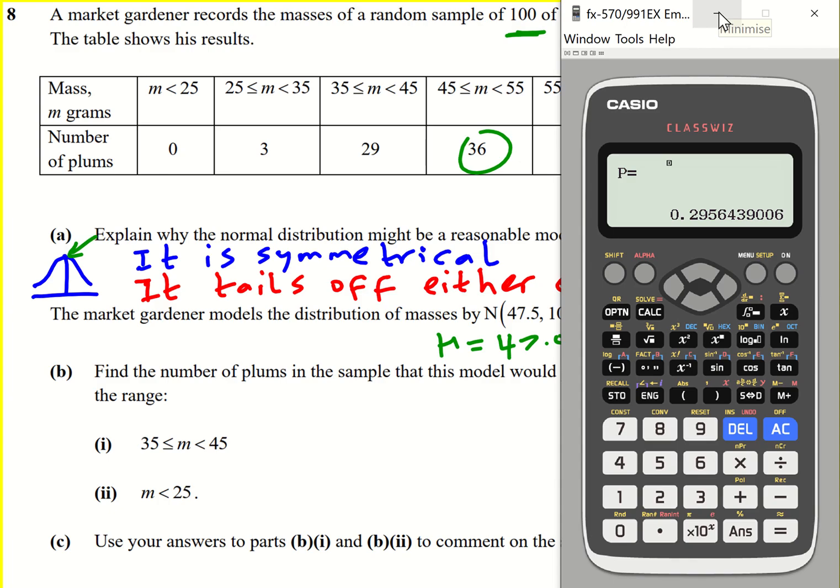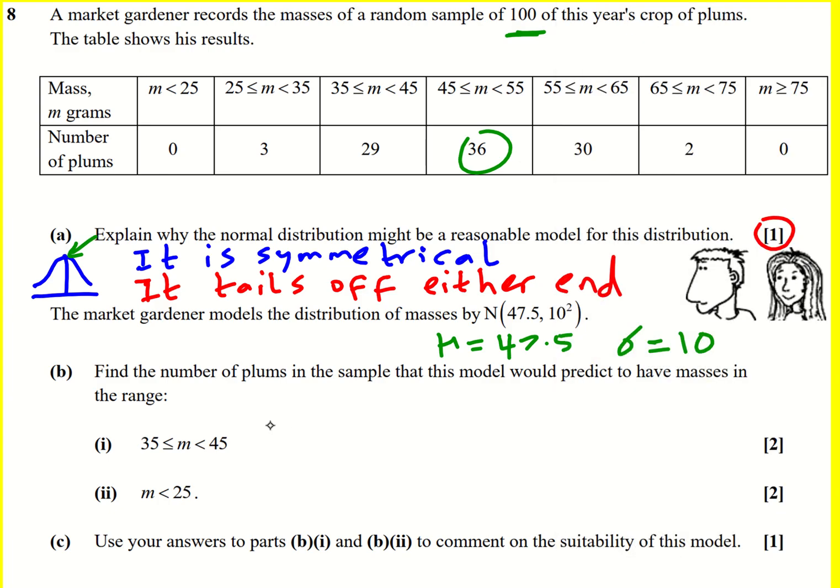So 0.2956, and then we need to times that by 100. So we're going to get about 30. 29.6, I'm rounding it to the nearest number of plums.